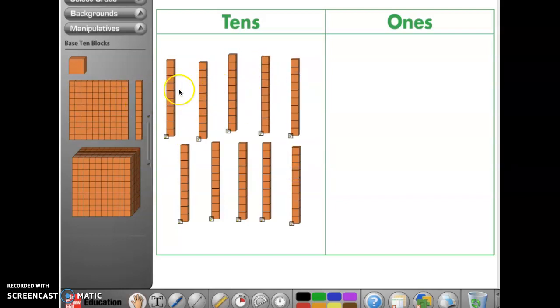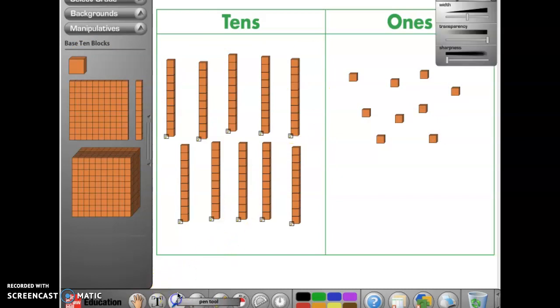There's 10 tens and 9 ones. Okay, and so here's my 10 tens and 9 ones.